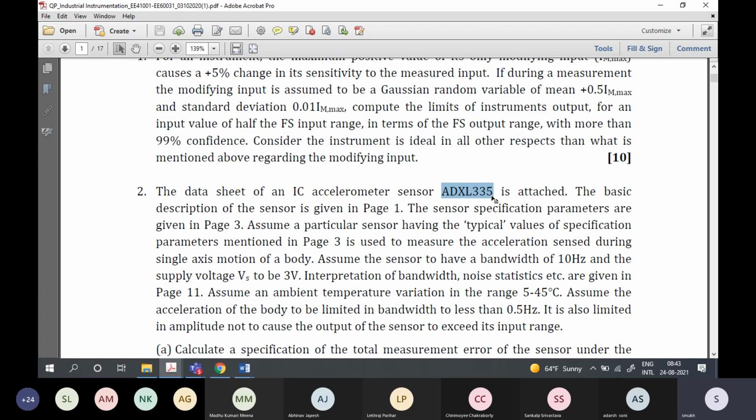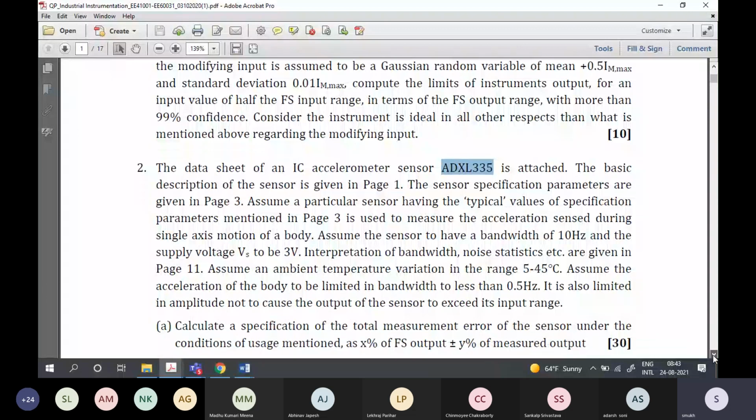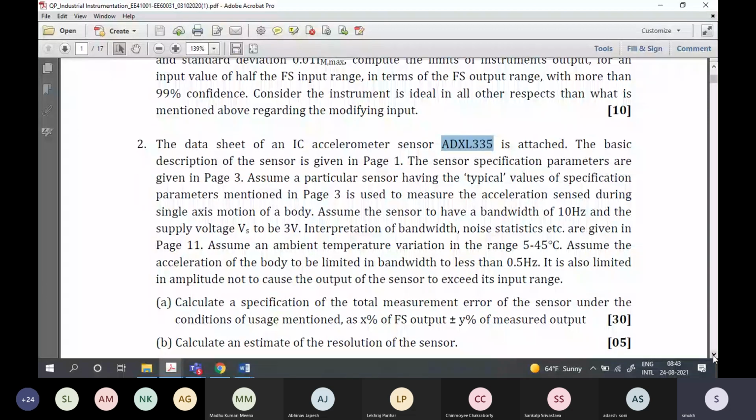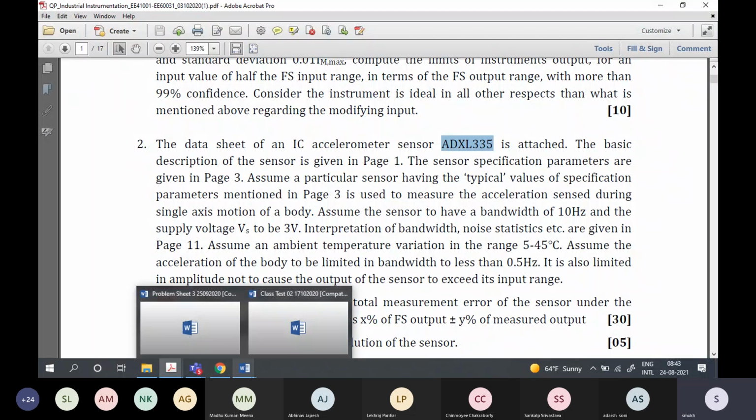This problem, which was given in the exam, talks about interpreting this sensor specification from the real data sheet issued by the company. We'll probably put it in the assignment sheet for this year, and you can try it. Right now I will not try it because it will take too much time. You first have a look at it, then we can talk about it.